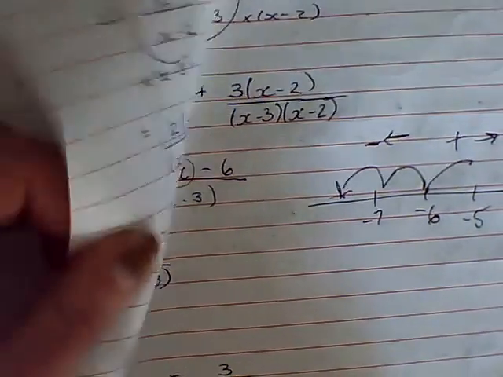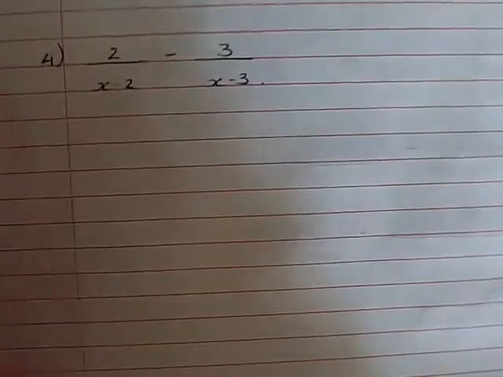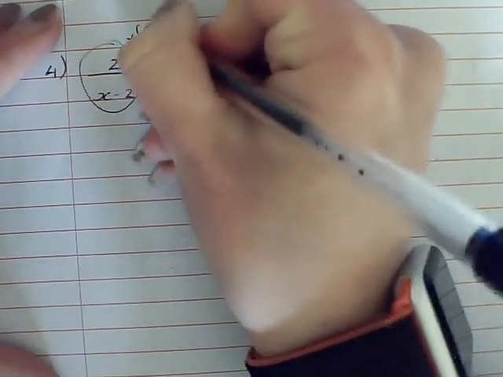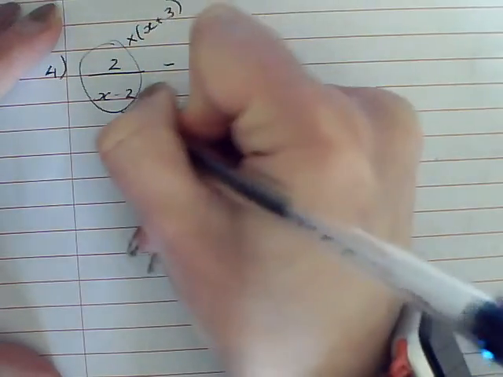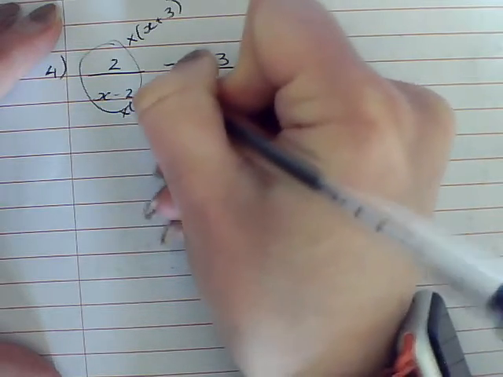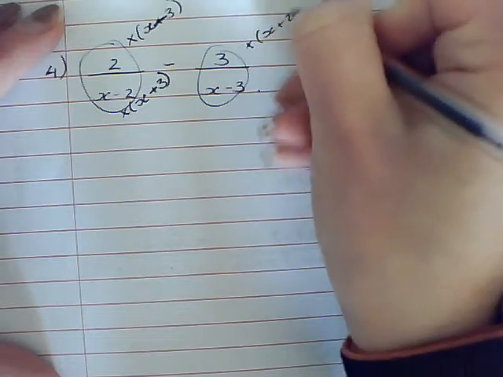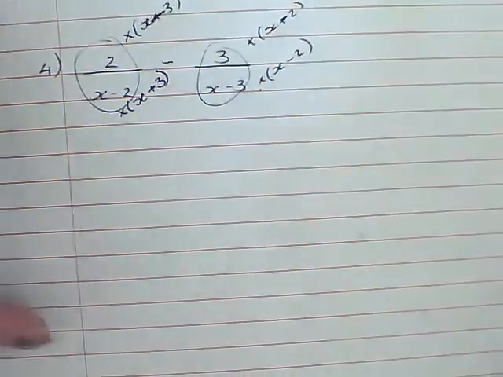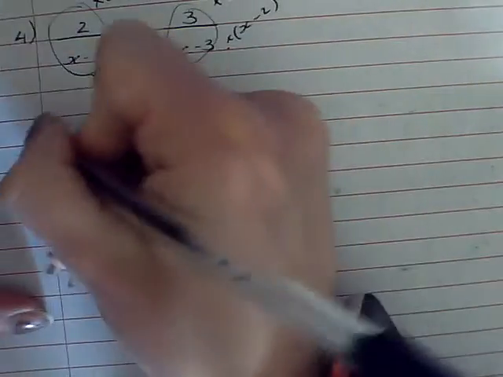And last but not least, I'm just taking the same question, but I've changed the addition to a subtraction. Sorry, that should be minus. Try to write quickly so the video's not too long for you.